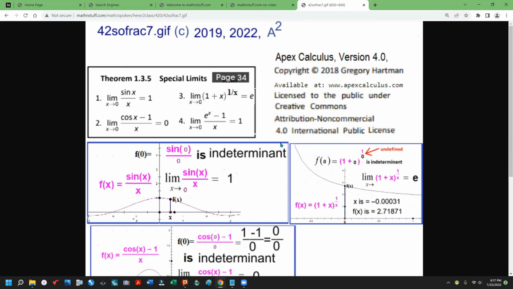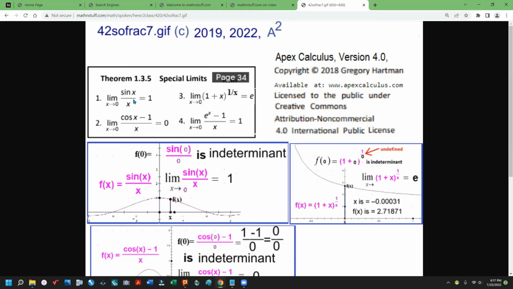I post my notes for my students. This comes out of Dr. Hartman's Apex Calculus. The writing team got a grant. It's an open source material. You can download it and have your very own PDF calc book.